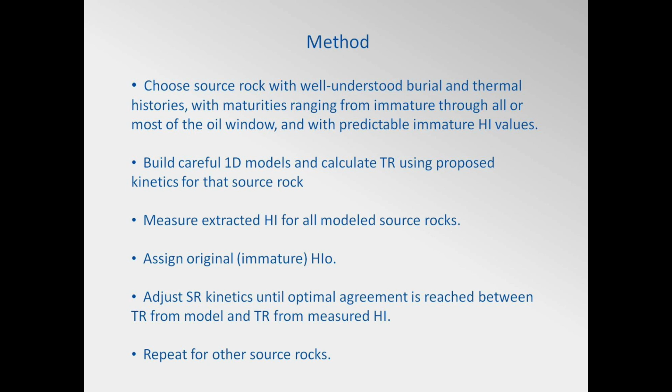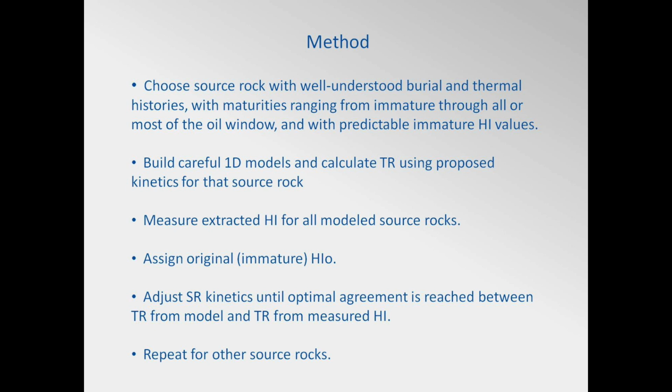I'd build careful 1D models and calculate transformation ratio using the proposed kinetics for that source rock. I would measure the extracted hydrogen index for all modeled source rock samples. I'd assign an original or immature hydrogen index, HI0.